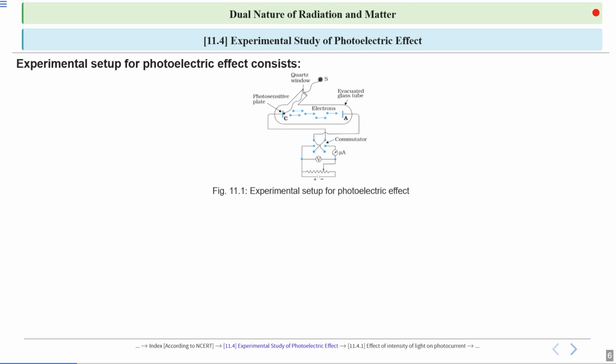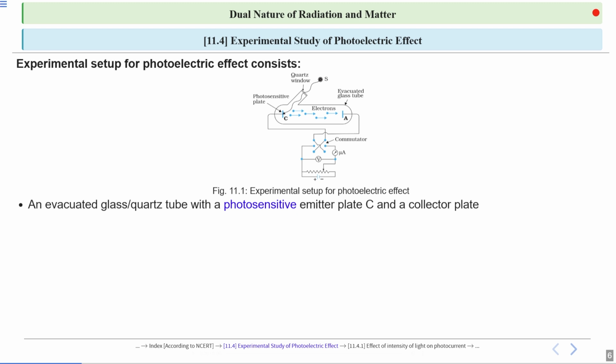Let's examine the basic experimental setup used to study the photoelectric effect. Look at the figure showing a glass or quartz tube with two plates inside. This setup is crucial for understanding how light can cause electrons to be emitted from a material. So, pay attention to the labeled parts as each one plays a specific role in the experiment.